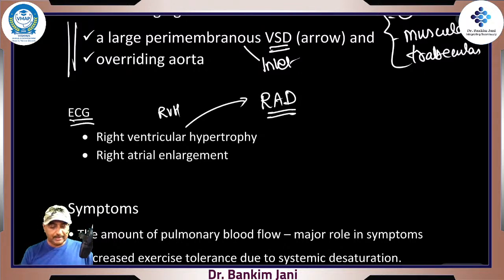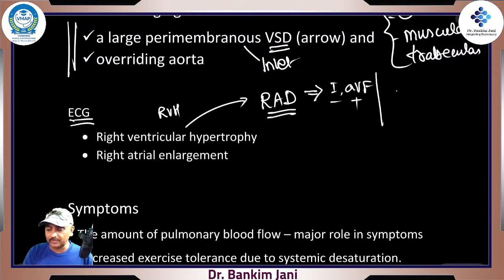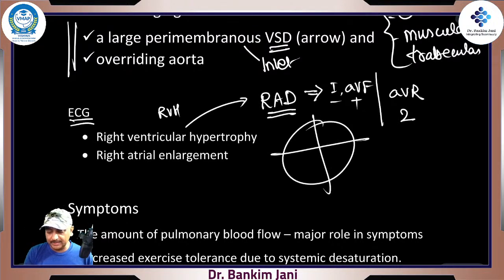So now we are at liberty to get two findings. One, right axis deviation. Which leads will we see? Lead 1 and lead AVF, right? In lead 1, it is right axis, so it would be minus, this one would be plus. When this is minus, this is plus, this is reverse, so we'll watch AVR, and then lead 2. When we draw it like this, this is normal, this is the right axis deviation.